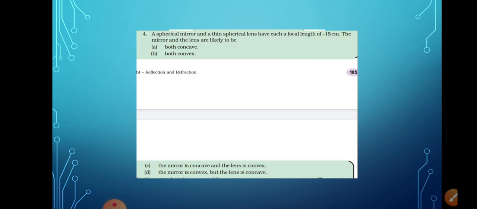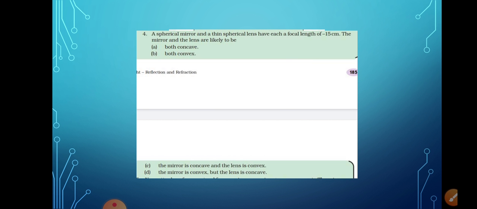Now this is the fourth question. A spherical mirror and a thin spherical lens each have a focal length of minus 15 centimeter. The mirror and lens are likely to be? Now here both are 15, and that too minus 15.